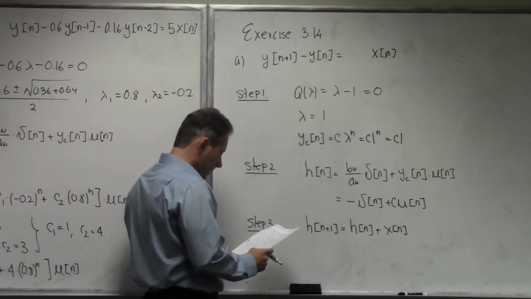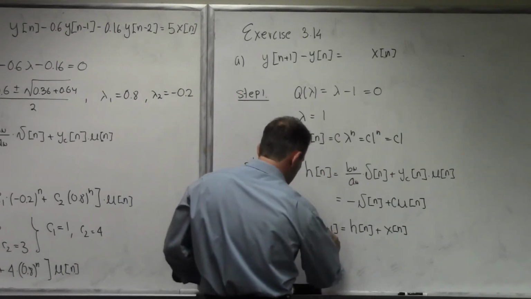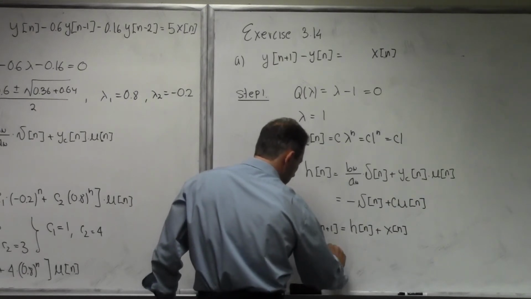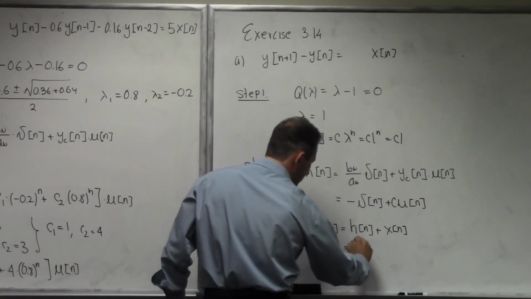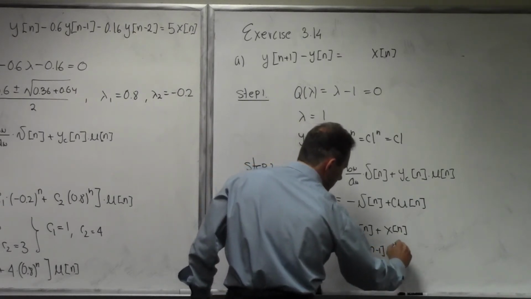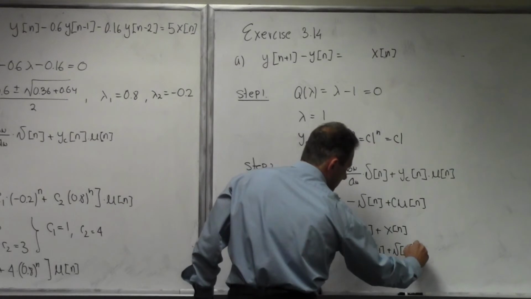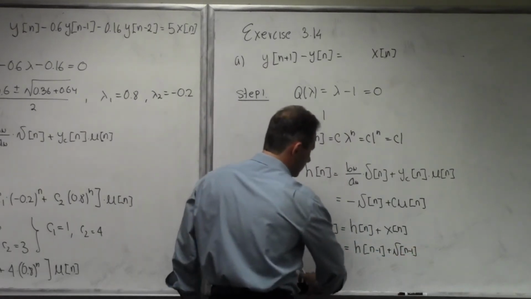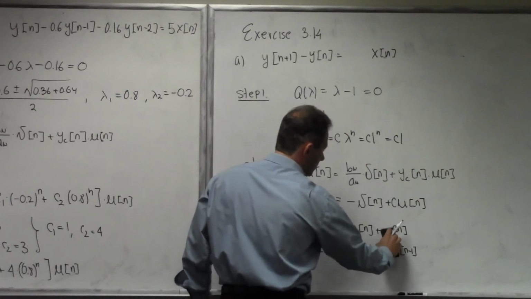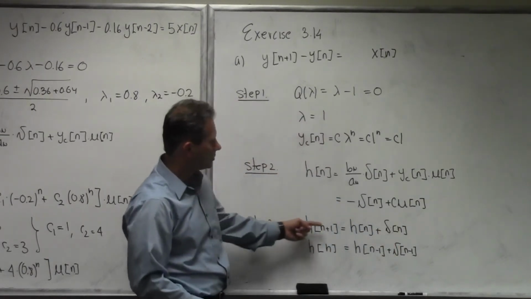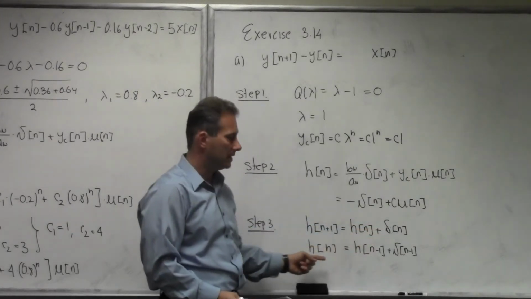Or I can say, if I shift this by 1, h of n is equal to h of n minus 1 plus delta of n minus 1. Now instead of having y here, I need to use delta, because h is the response to input equal to delta.